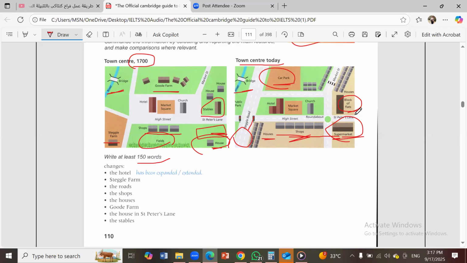For example, we can say, going back in time, if we looked at the town center in 1700, it didn't look the same as it does nowadays. Maybe. So what about making passive sentences all along the essay, as we discussed before?